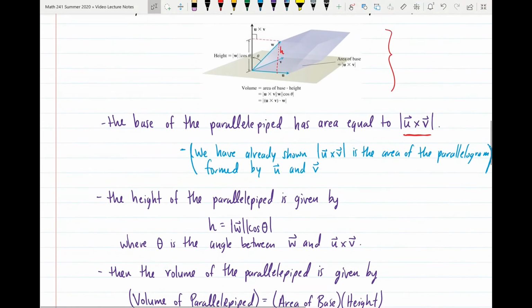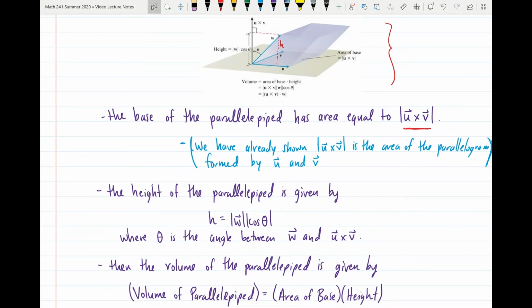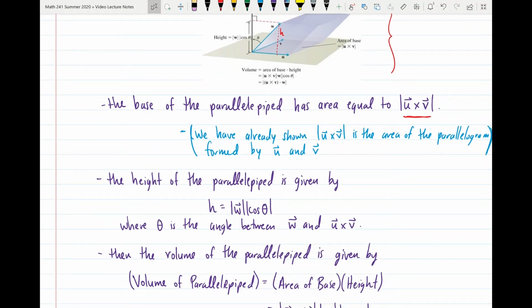The height of the parallelepiped in the picture, which I've denoted h, is given by the magnitude of w times cosine of theta, where theta is the angle between the vector w and the cross product of u and v. Using a little bit of trigonometry, we find that the height is equal to the magnitude of w times the absolute value of the cosine of theta.